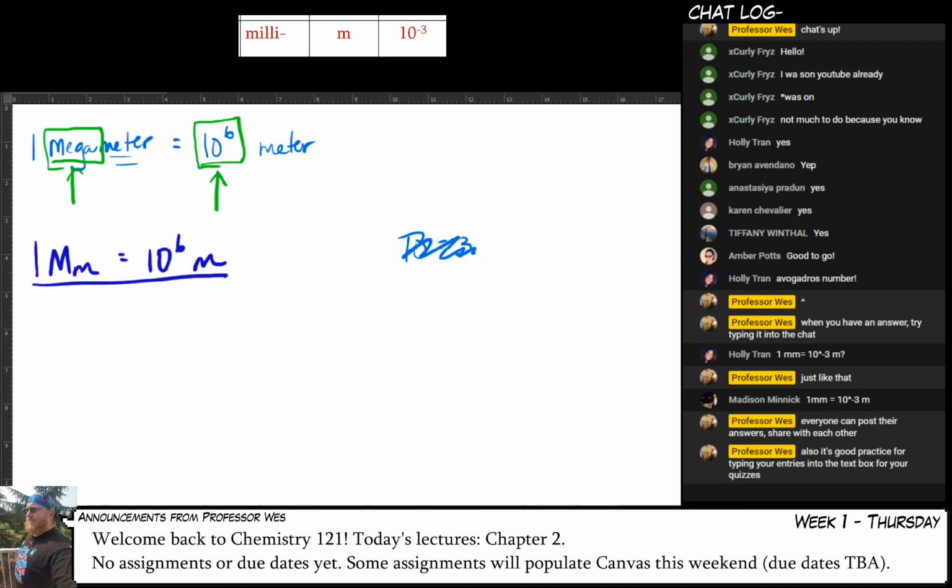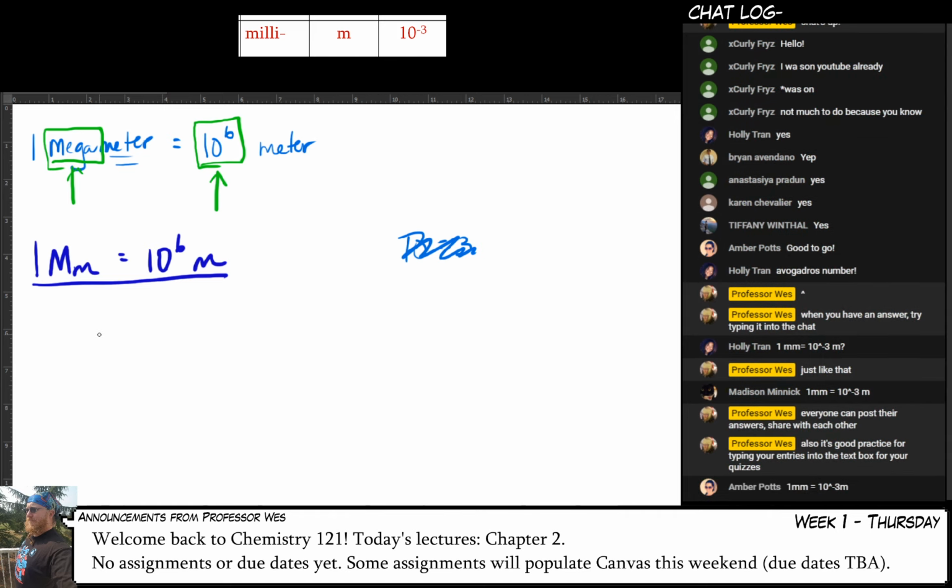Alright, so it looks like we have some people that came up with the answer. Let's show how we get this result by clicking on the paintbrush. So let me get a new color here. At the top there, I have milli and 10 to the minus 3, so I'm going to put my equals down. And so I'm going to put milli on one side. So there's my milli.